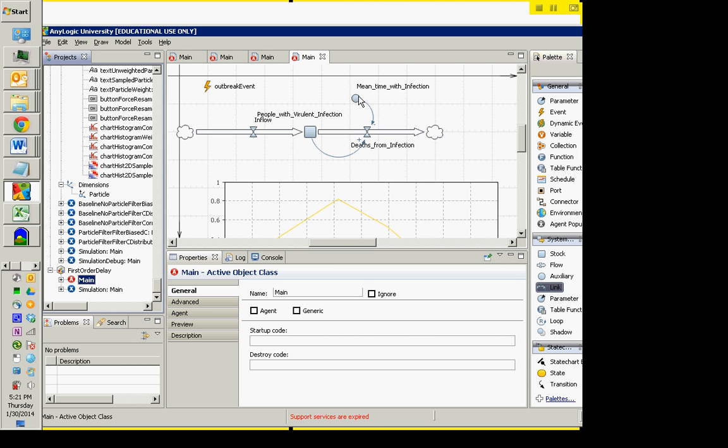So I could have expressed it as the number of persons in the stock divided by 100, or I could have expressed it as the number of persons in the stock times 1 over 100. You see how those are equivalent?